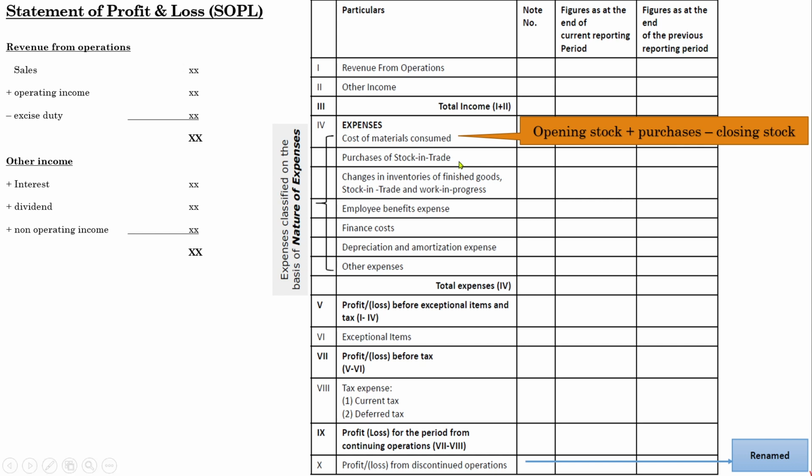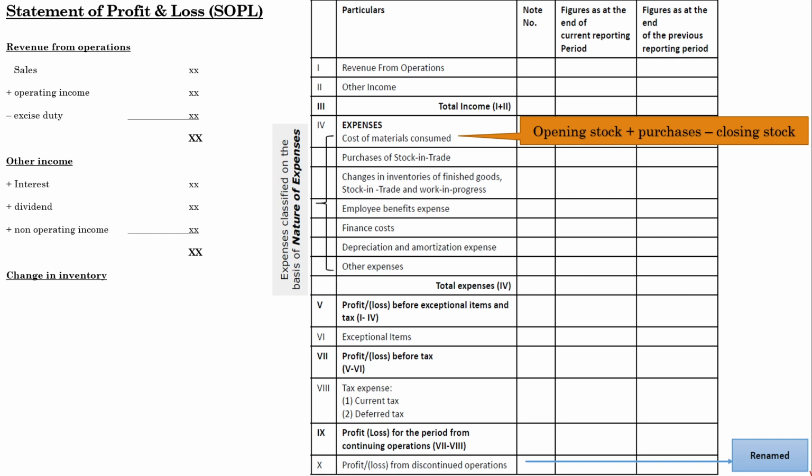Next one, purchase of stock in trade. It refers to purchase of goods intended for reselling without further processing. Such an item will be specifically mentioned, so write it down in its respective column. Next one, change in inventories of finished goods, stock in trade or work in progress.